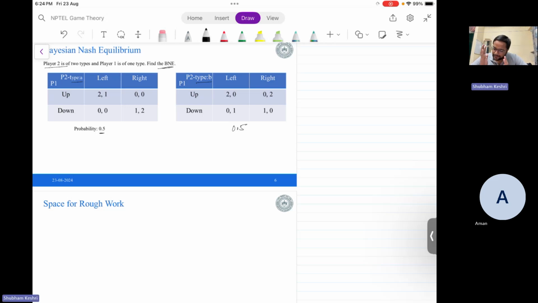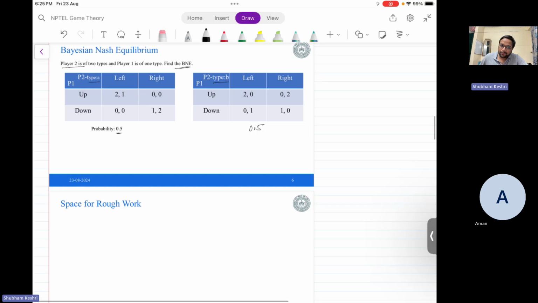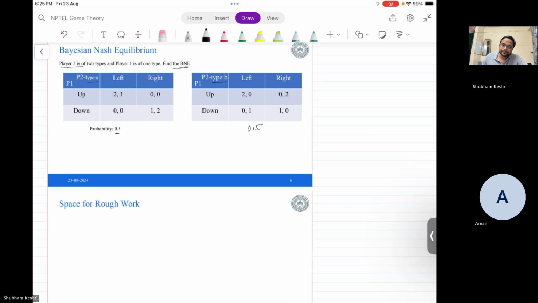So can you unmute yourself and speak? What should we do at this point? You see, when I say player 2 is of two types, that is, player 1 is not sure what the type of player 2 is. Player 1 doesn't know what type player 2 is, but player 2 knows exactly, because it has been given that I am of type A or type B. So think of it like player 2 are twins.